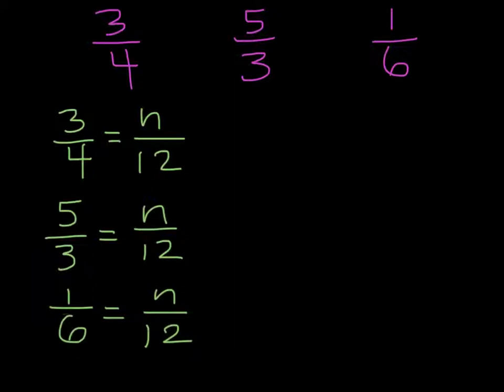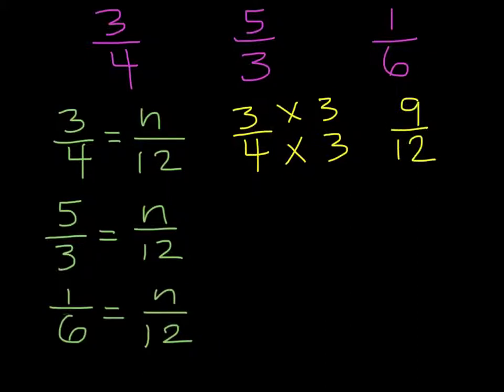My next step is figuring out what I have to do to my denominators to turn them into 12. Just like in that last example, for 3/4, I'm going to multiply that denominator by 3 to get it to 12. I'm going to do the same thing to the numerator, which gives me 9/12.